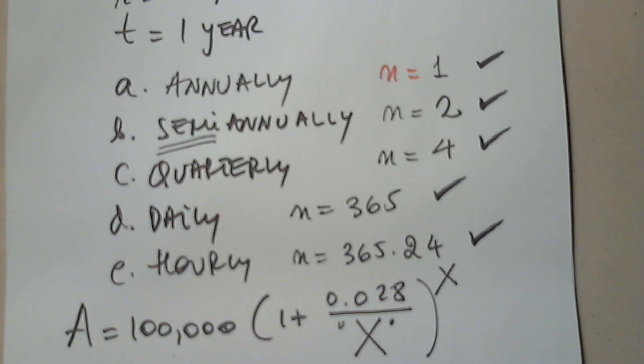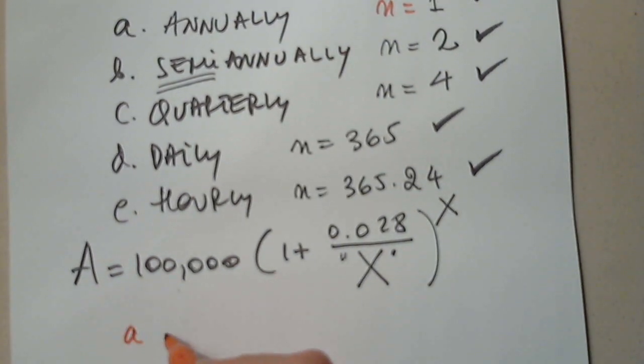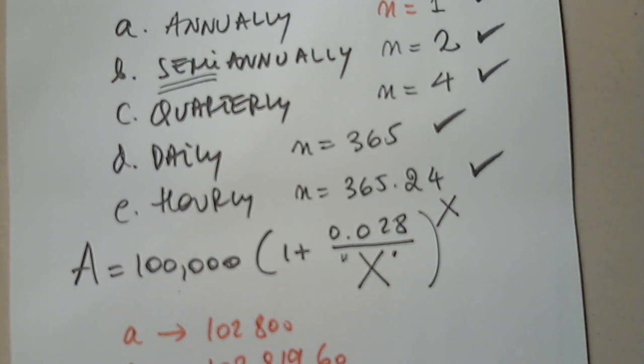Okay? So the first one, part A is 102,800. Part B, 102,819.60. For part C, 102,829.54.